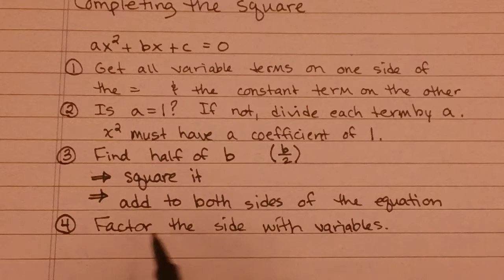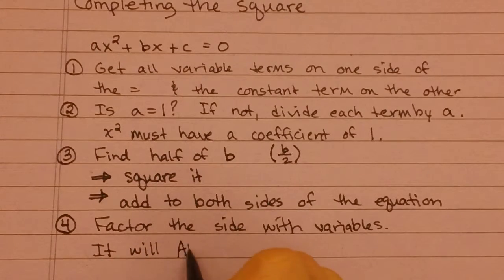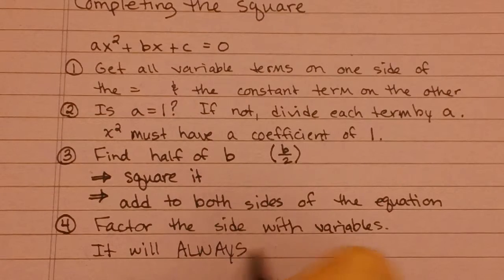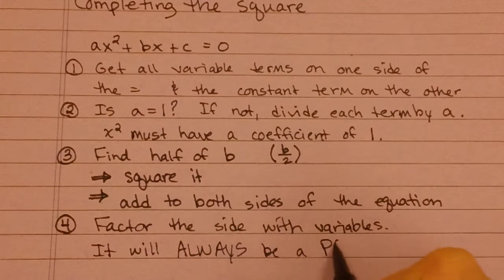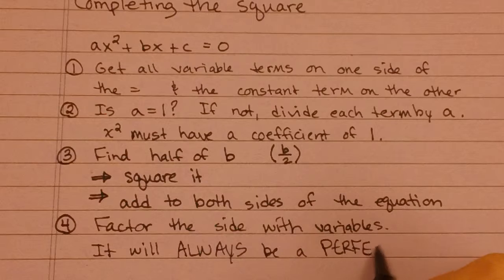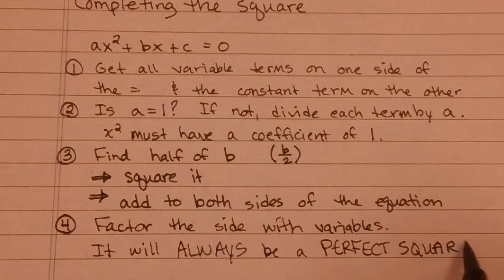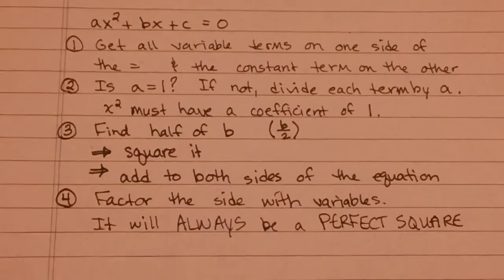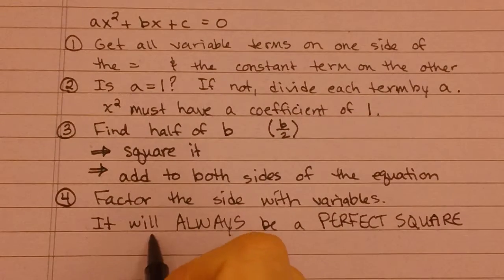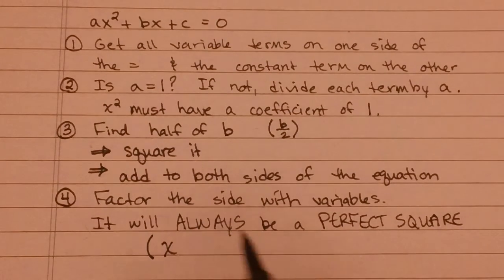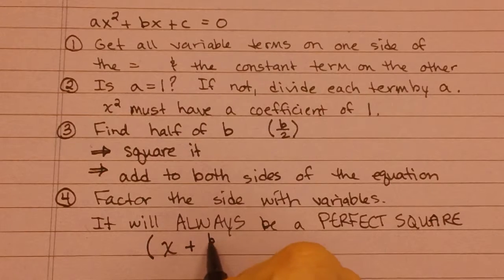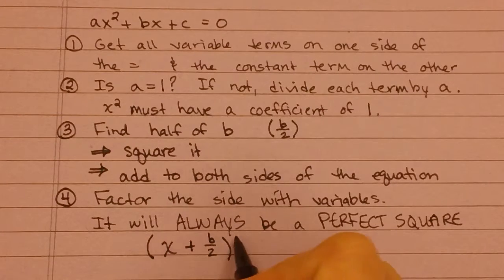You'll see as we start working them that this will always be a perfect square. That's why this is called completing the square. So it will always be a perfect square, and it's going to factor into x plus that b over 2 number that you found squared.